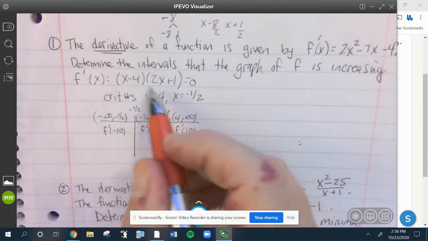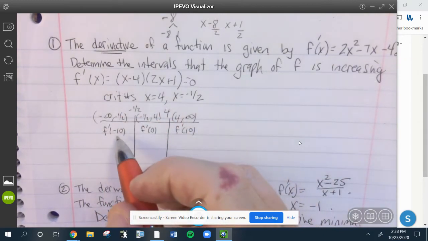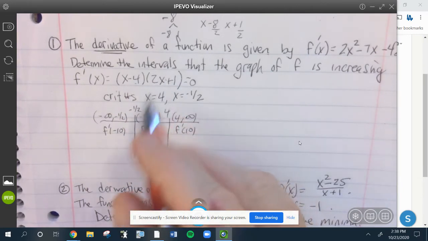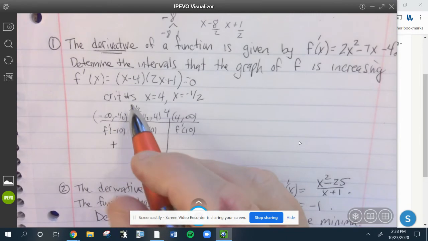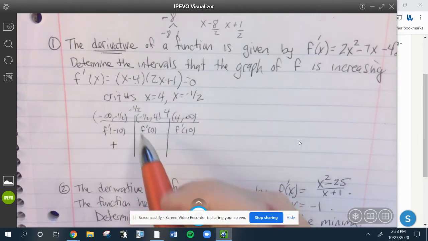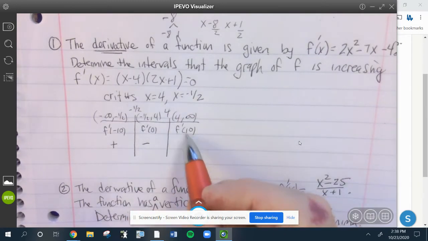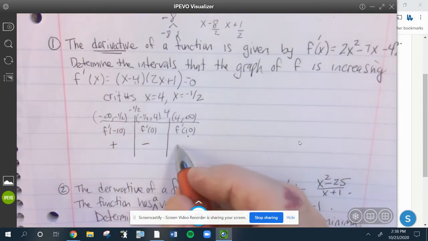Plug it into your factored derivative. So for -10, we have a negative times a negative, which is positive. For 0, we have a negative times a positive, which is negative. And for 10, we have a positive times a positive, which is positive.